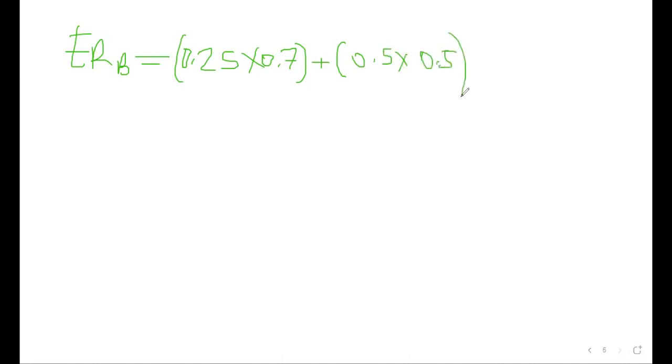Expected return of B will equal, you aggregate those, so it will be 0.25 by 0.7, then plus the 0.5 by 0.5, plus the other one, 0.1 by 0.1, then plus the 0.15 by negative 0.2.